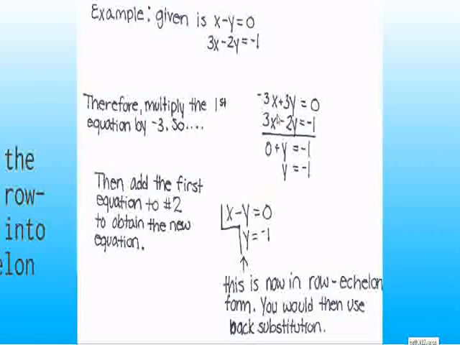When you add that equation to the second equation, which is 3x minus 2y equals 1, the x's are canceled out, and you're left with y equals 1. You can see the first equation and the y equation put together is in row echelon form. You would then use that value to back substitute into either one of the equations and solve for x.